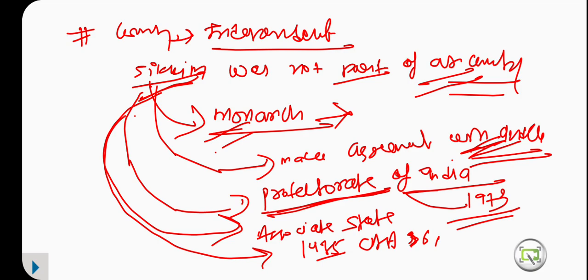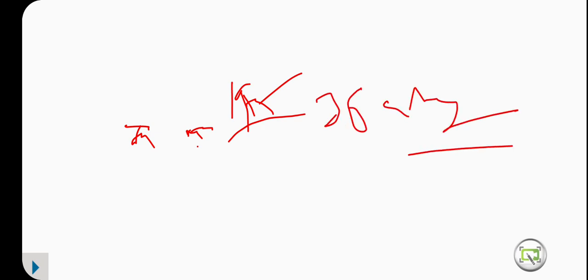That was the 36th Constitutional Amendment, and Sikkim became a regular state of India.